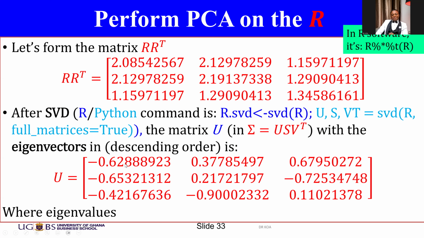Now, these eigenvectors, because they're in descending order, the first column will be the first eigenvector. That is the weight assigned to create the first principal component. The weight assigned. So what I mean is that these numbers, negative 0.62, negative 0.65, negative 0.42, they are the U1.